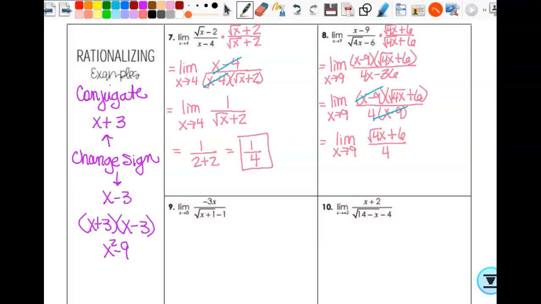Now that I'm there, I can evaluate. This is going to be equal to square root of 36 plus 6 over 4. So that's going to be 12 over 4, which is 3. What questions do you have? We all good? All right, let's look at 9.